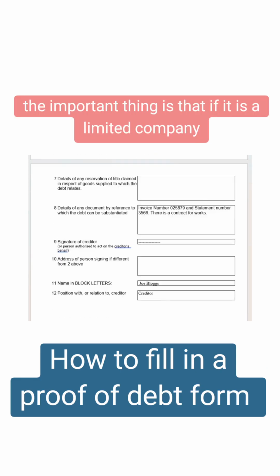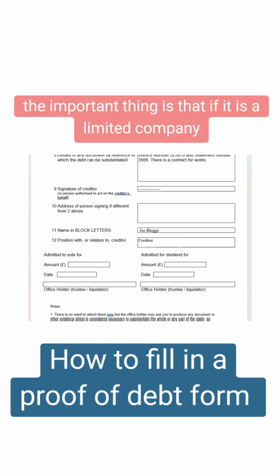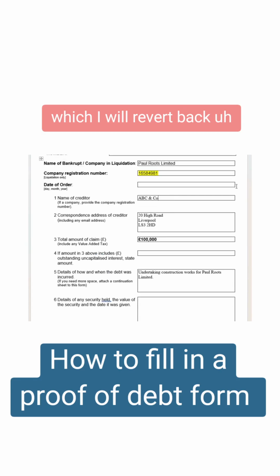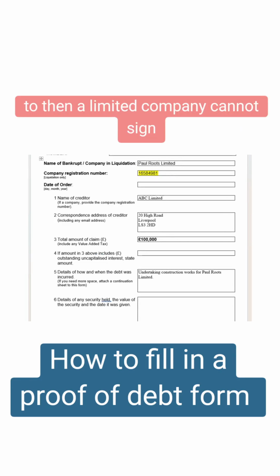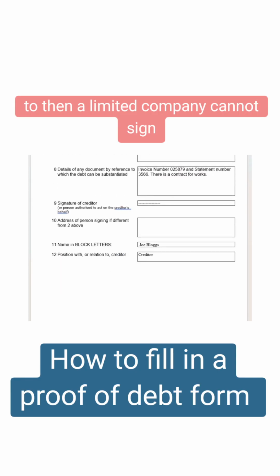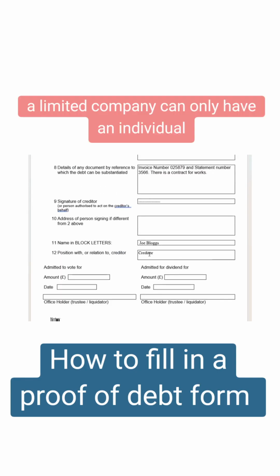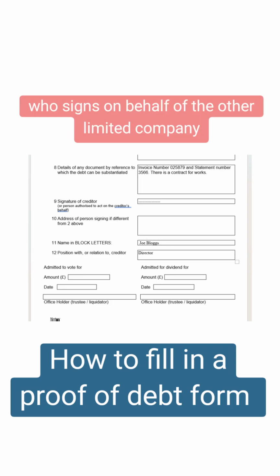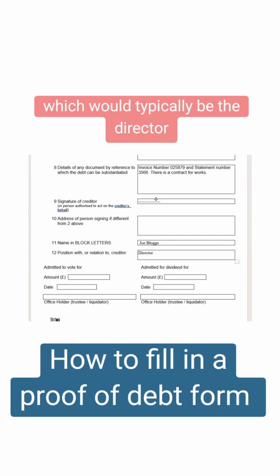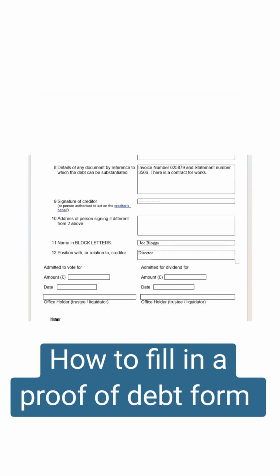The important thing is that if it is a limited company, then a limited company cannot sign. A limited company can only have an individual who signs on behalf of the limited company, which would typically be the director. And that's it.